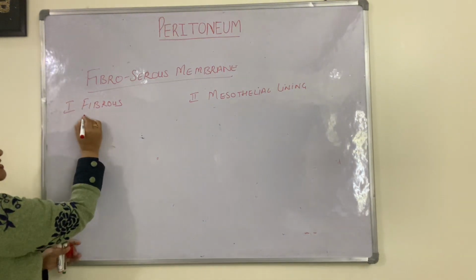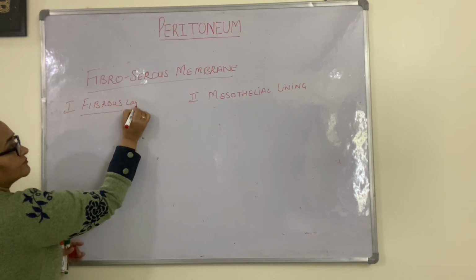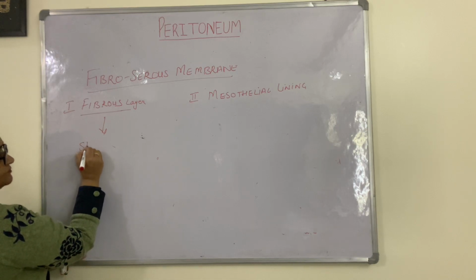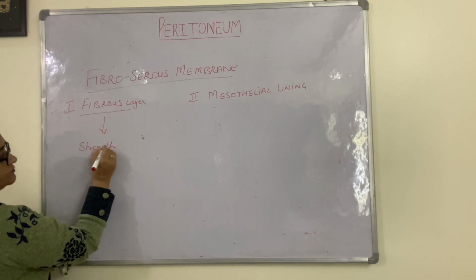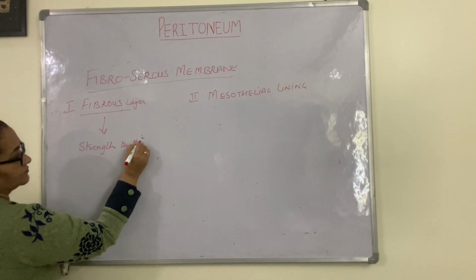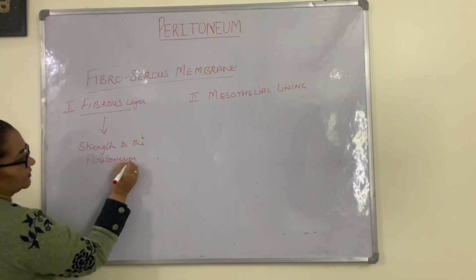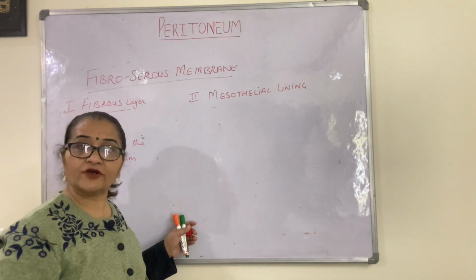Now this fibrous layer is giving strength to the peritoneum. Why? Because it is made up of fibrous tissue.